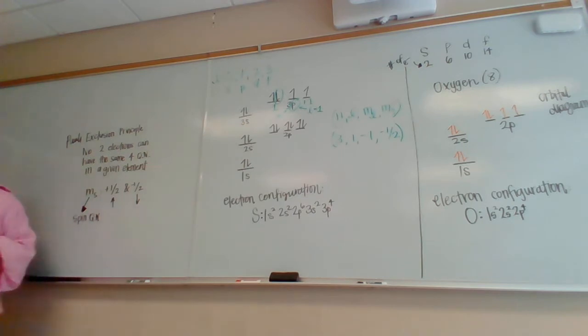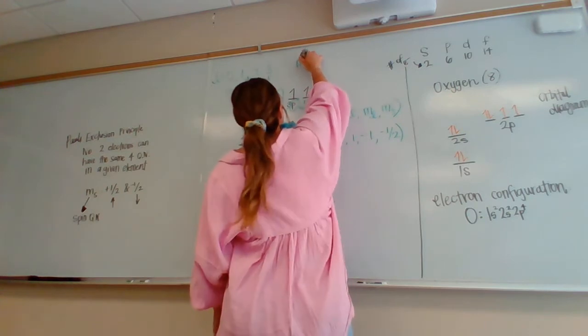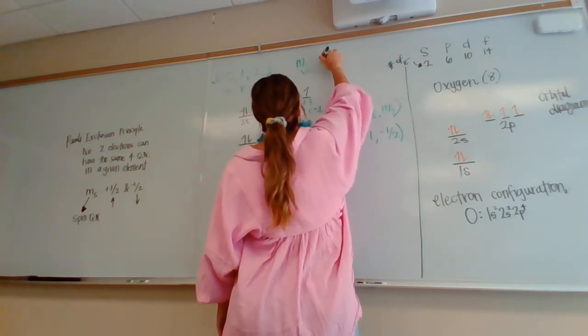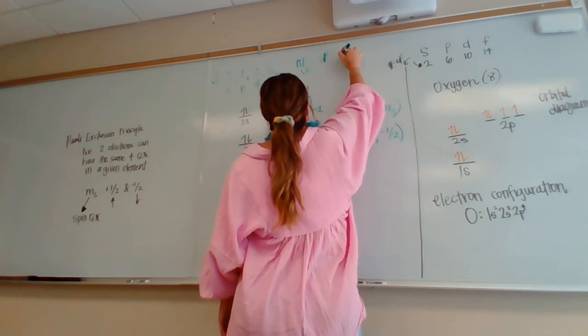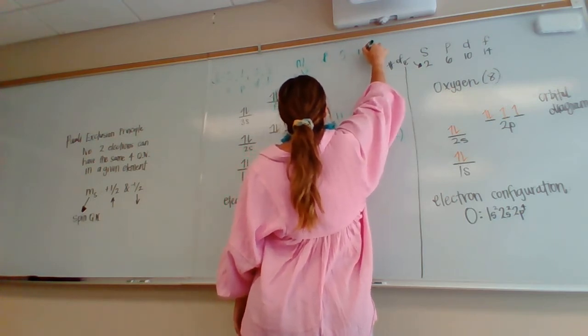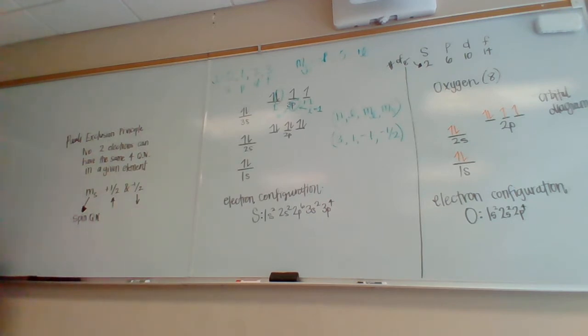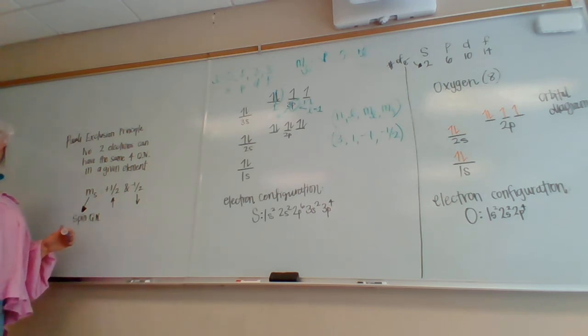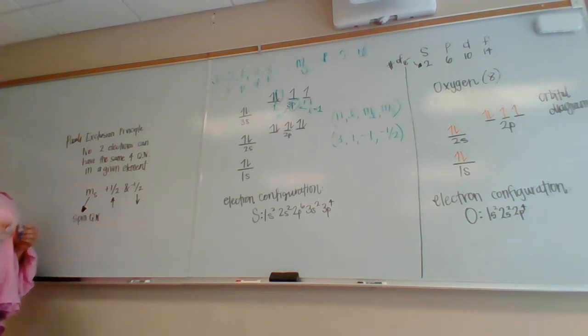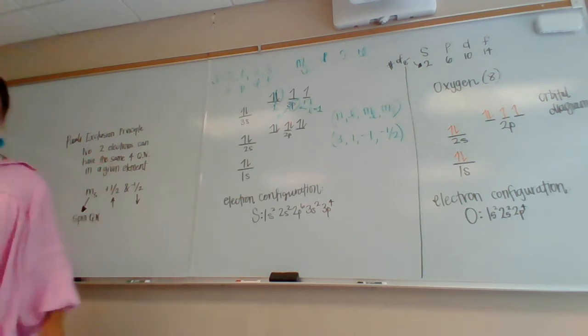So your N is 3. L is 1. This is a p orbital. Then M sub L values are always negative L to positive L. So that M sub L is negative 1 because the last electron was in that orbital, and it was the spin down.